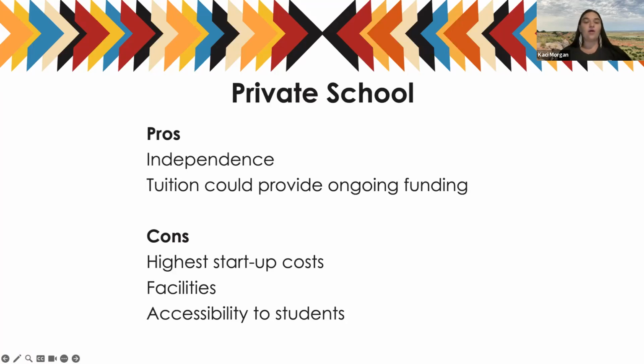Are there existing facilities around in your community? Are there facilities, maybe the tribes', where you could work out even a space sharing agreement, but run it like a private school? And if you are a private school that charges tuition, then you have that piece of accessibility for students and equity.